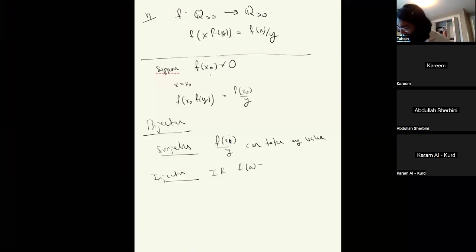You're saying if f of a equals f of b, then we say a equals x naught times f of y1, and b equals x naught times f of y2. Is that right? Because it's surjective, we can do this.